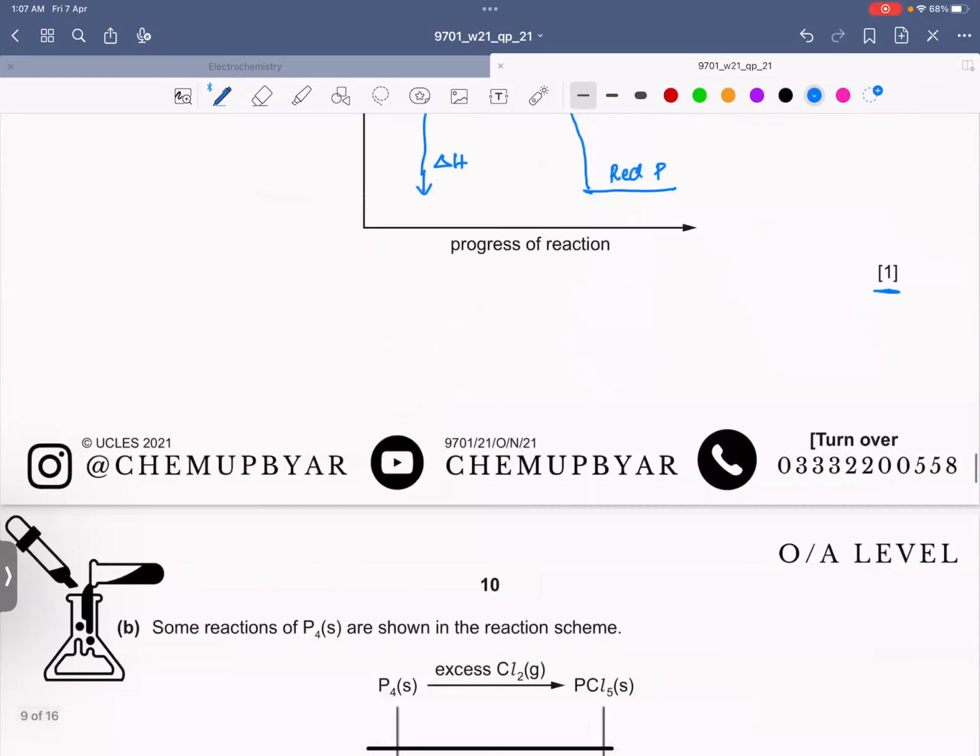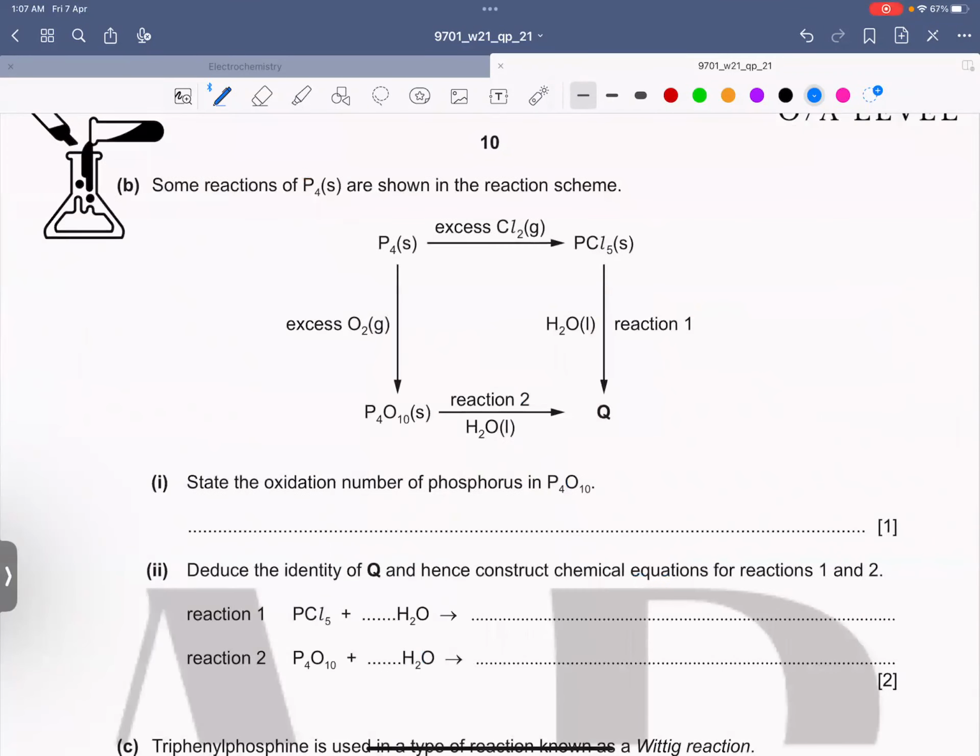Okay. Now next part. Some reactions of P4 are shown in the reaction scheme. With excess chlorine, phosphorus is converting into PCl5. With excess oxygen, it is converting into P4O10. In reaction 1, PCl5 is added to water, so if you recall, it turns into phosphoric acid and 5 moles of HCl.